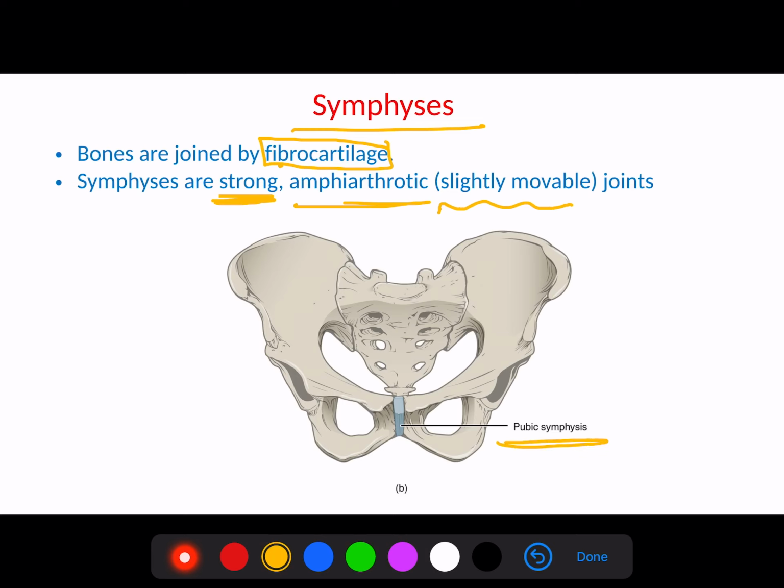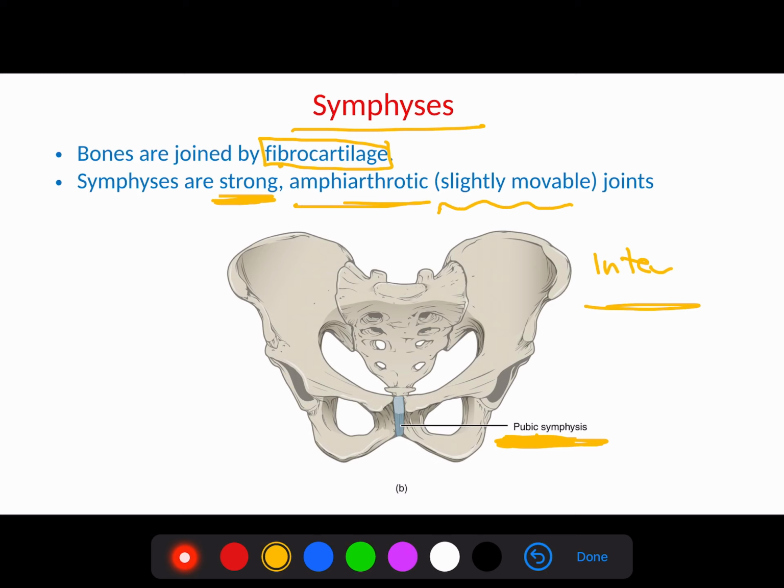An example is the pubic symphysis. Another example is the intervertebral disc, the one between the vertebrae in the vertebral column. So these two are symphysis. These are fibrocartilage joints, and both are amphiarthrotic.